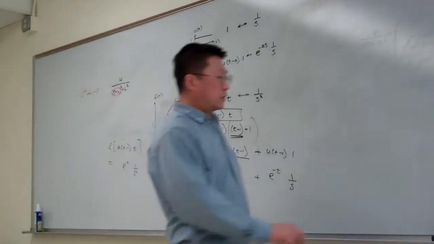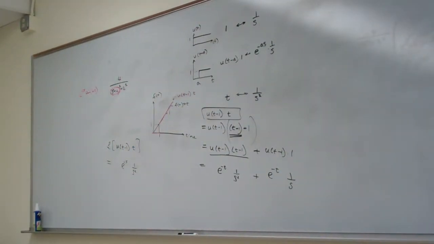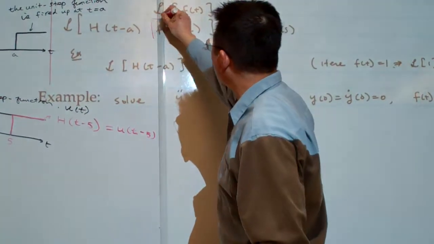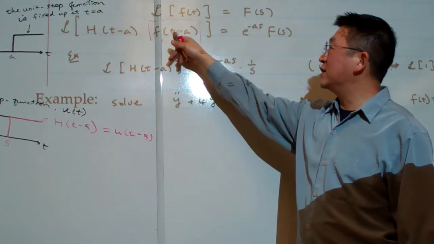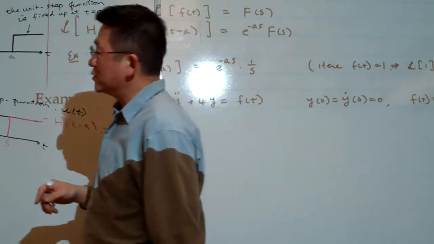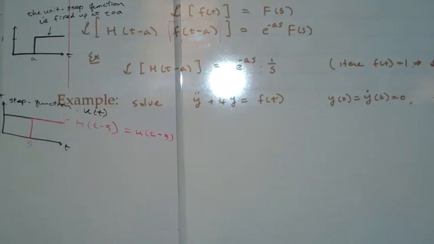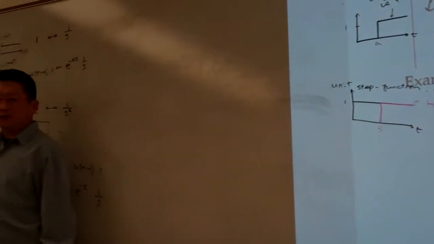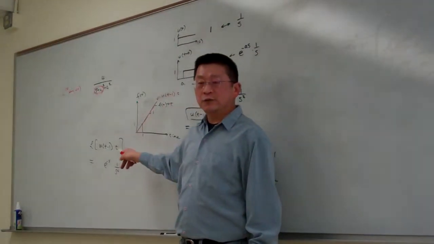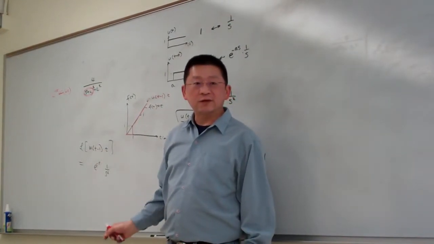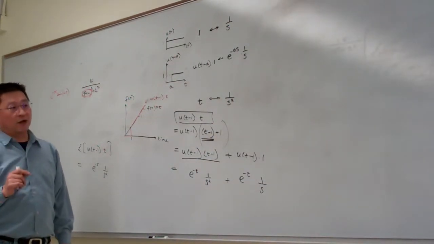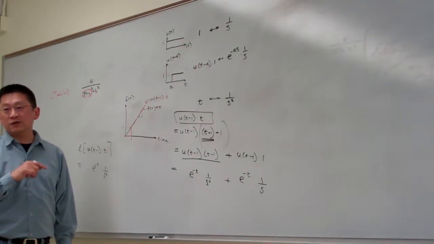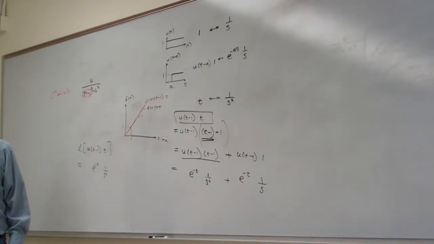The formula does work. The key is you need to make this a function of t minus a, but this is a function of t, not of t minus a. That is the source of the error. Students commonly make mistakes, in particular in applying this shifting theorem, so here I highlight it to you.